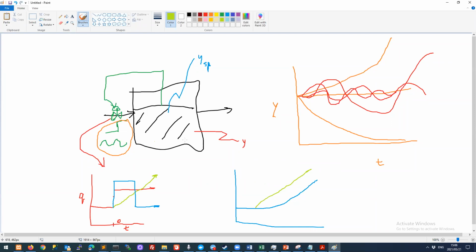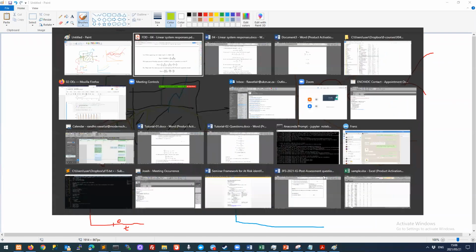Just appreciate in your process, when you make a change here on the input, remember there's a holdup of material in here. So the system won't respond instantaneously to a change. That change that you apply at the inlet point here is going to take a little bit of time to start showing a change in this process. So you go through a little bit of a transient and then it settles into this ramp style behavior.